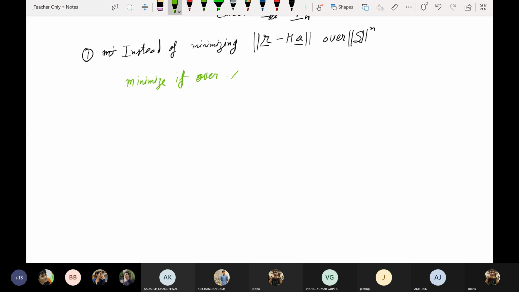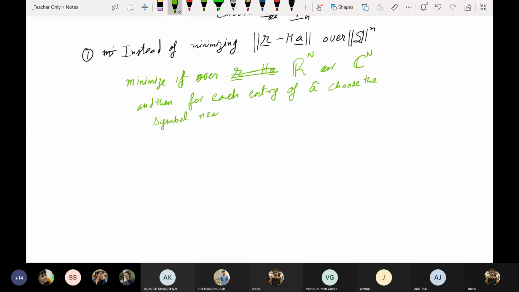Minimize it over C to the power n, and then for each entry of a hat, choose the symbol nearest to a hat from S. Sir, but won't R to the n be bigger than S to the n?